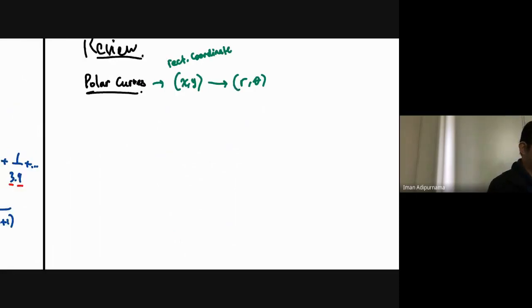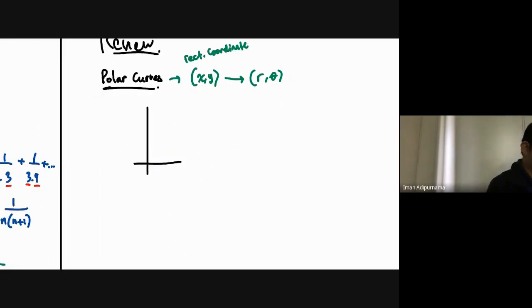Let me give you an example. Let's say from what we did before, we explained that this is r cosine theta, okay?